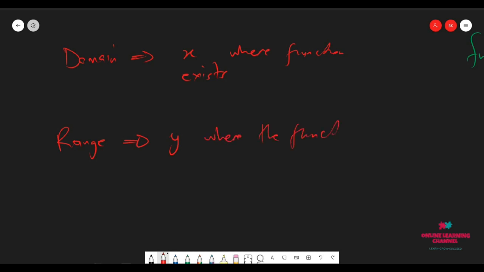We have another term we call the domain, then the other one we call the range. So the domain, these are all the x values where the function exists. The range, these are all the y values where the function exists.